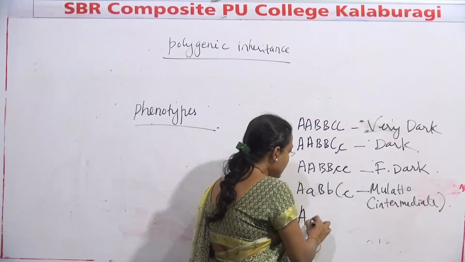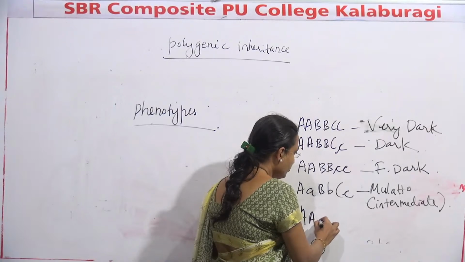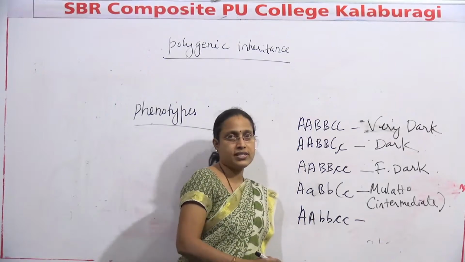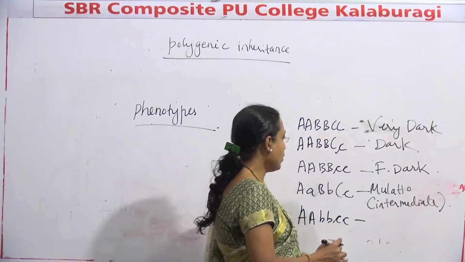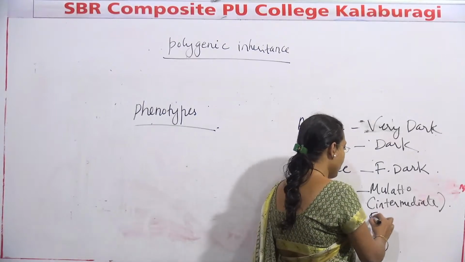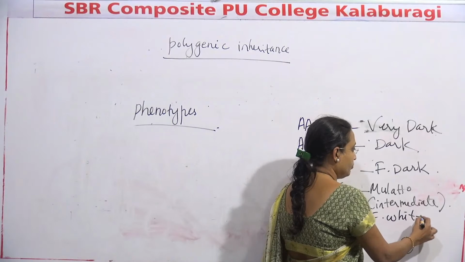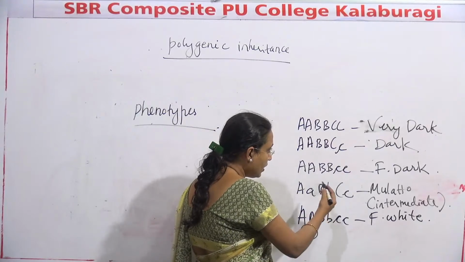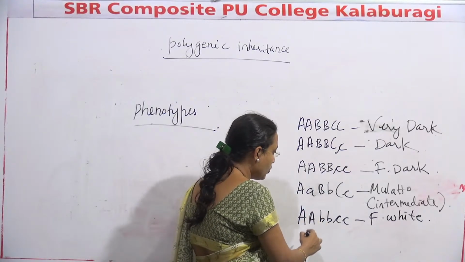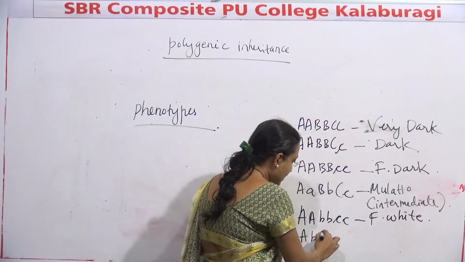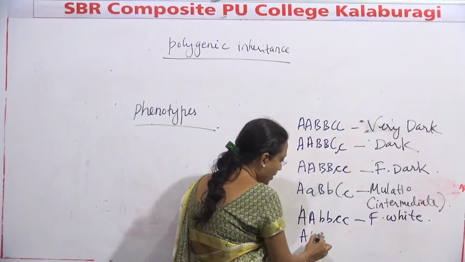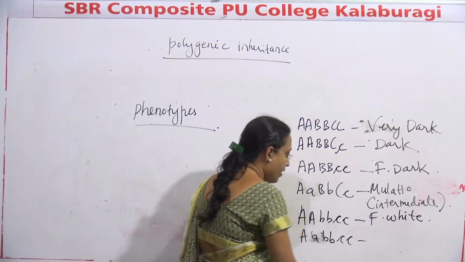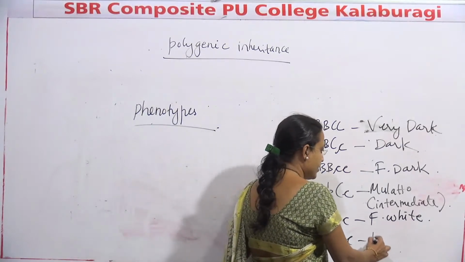Now, if there are only 2 dominant and 4 recessive alleles, then the phenotypic character will be fairly white. Fairly white. And now further, if only one dominant allele is there, then it is called white.